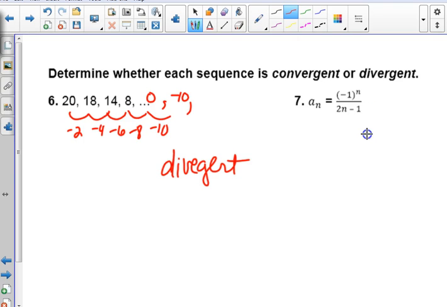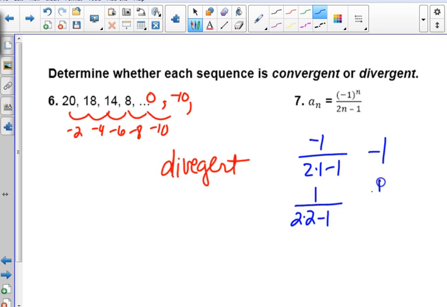All right. Let's do this the old-fashioned way. If I put in a 1, I get negative 1 over 2 times 1 minus 1, which would be negative 1, yes? If I put in a 2, square the top, I get 1 over 2 times 2 minus 1, 1/3. If I put in a 3, I get negative 1 on the top. 2 times 3 minus 1 is negative 1/5.